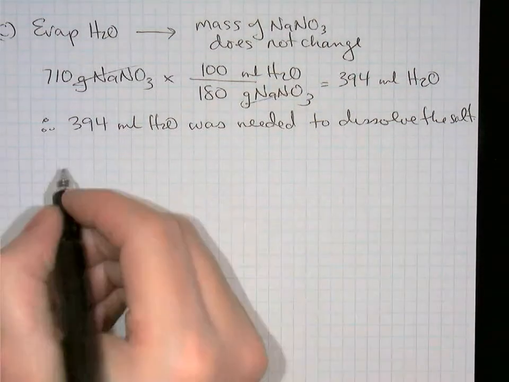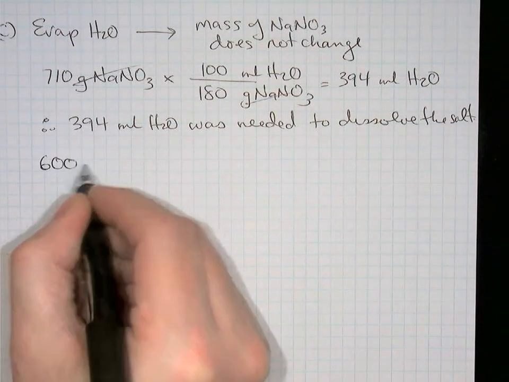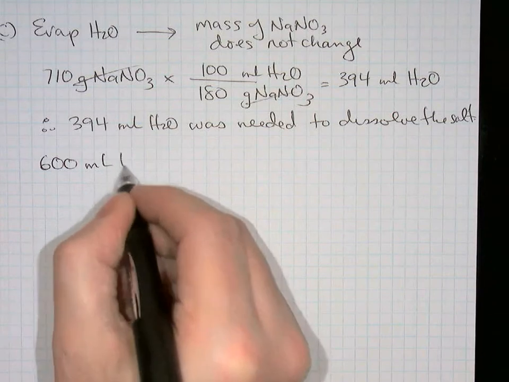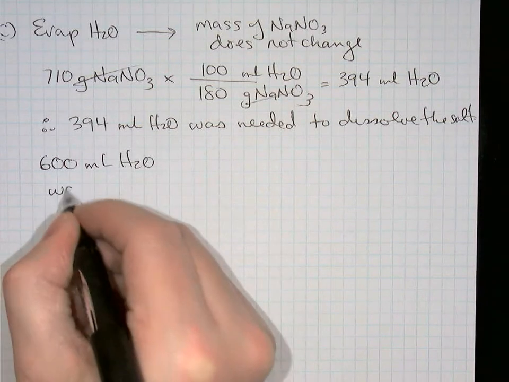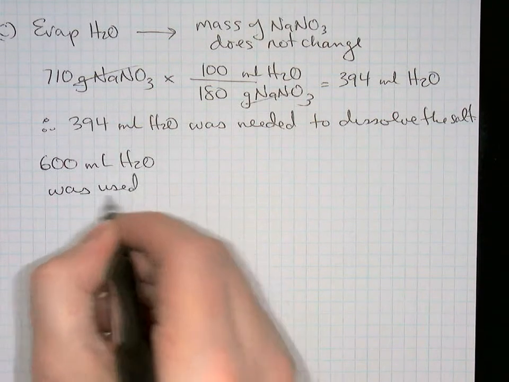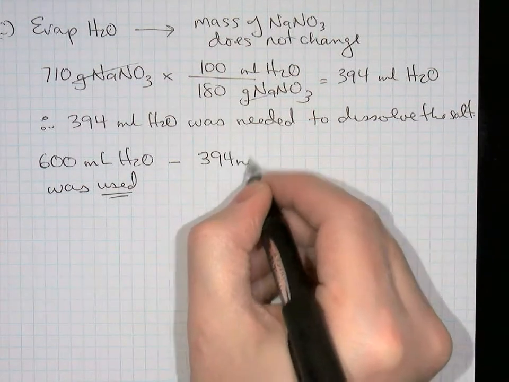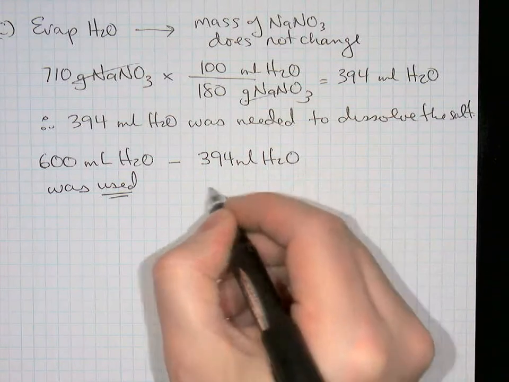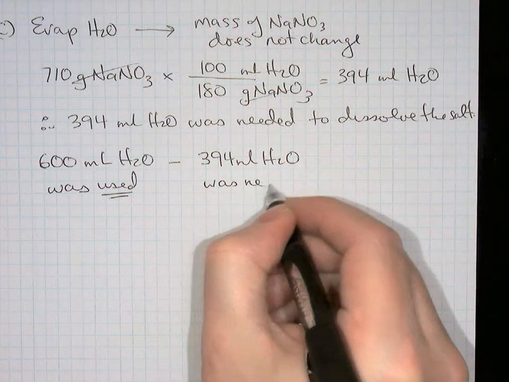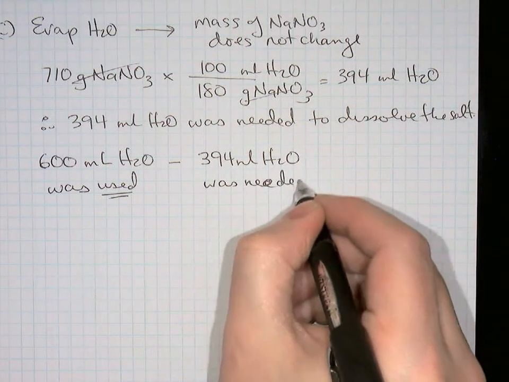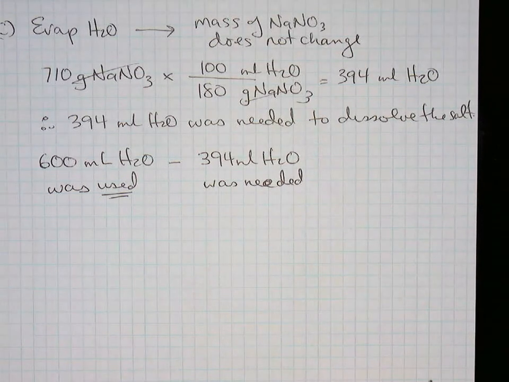So how much water can we evaporate? Well, we'll take the 600 mils of water that was used and subtract the 394 mils of water, which was needed. That's how much they actually should have used if they were trying to make it saturated.